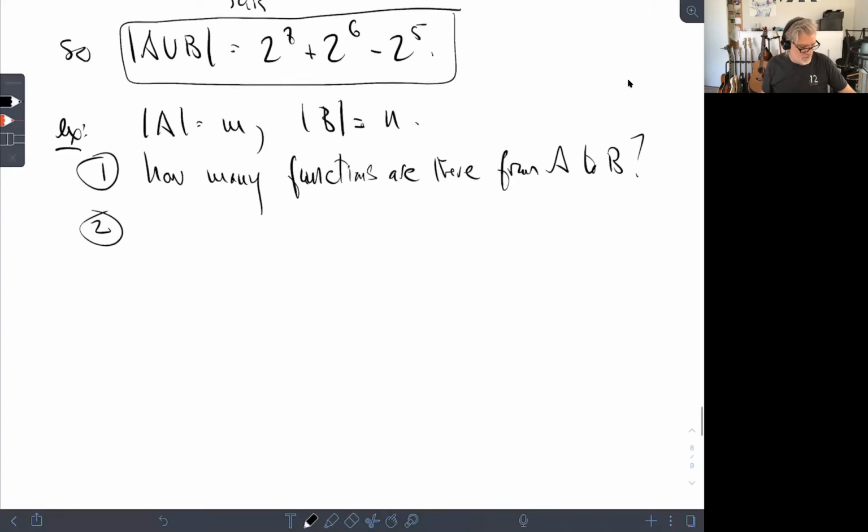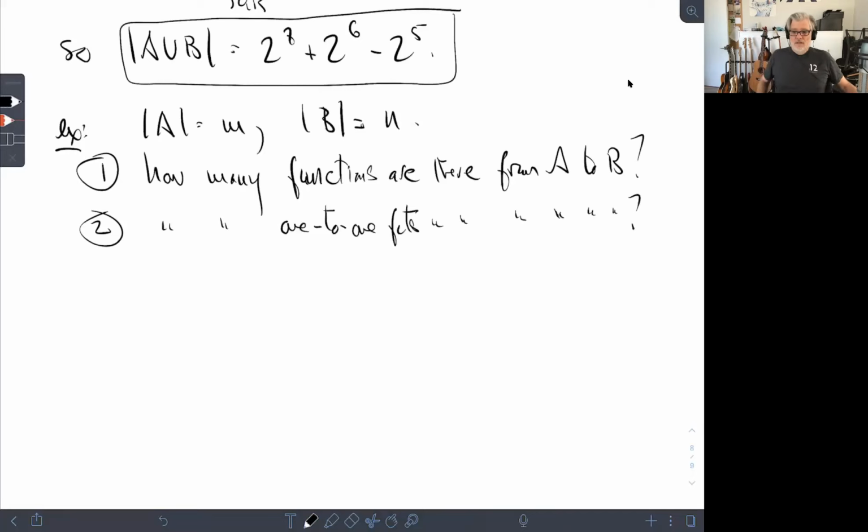Second question is, how many one-to-one functions are there from A to B? Okay. The second question is a bit trickier than the first one. So let's start with the first one.